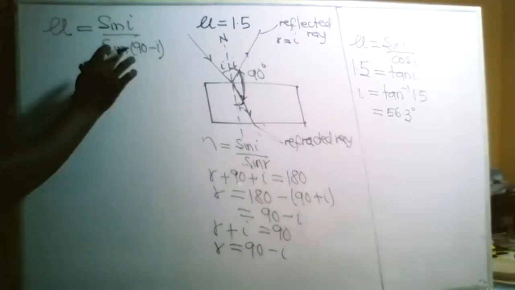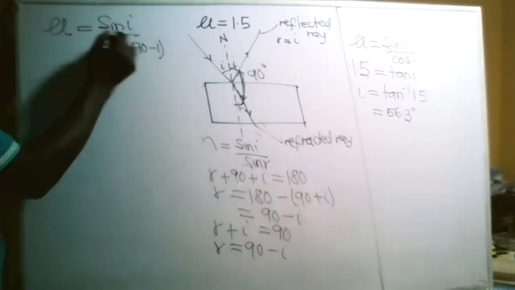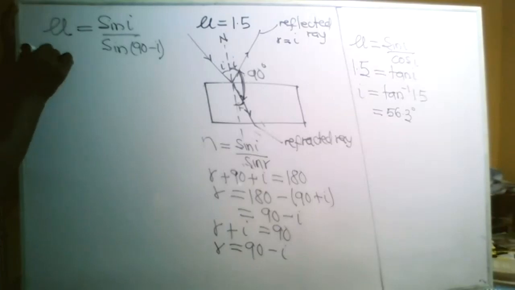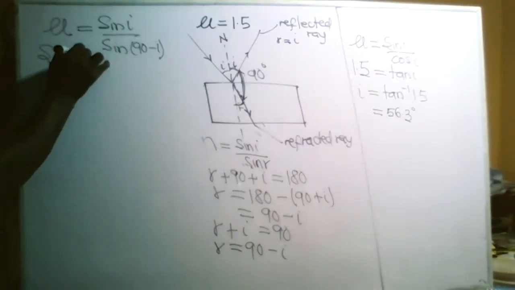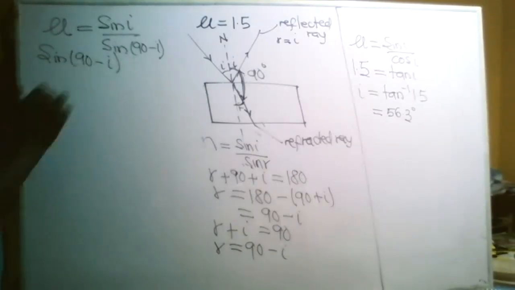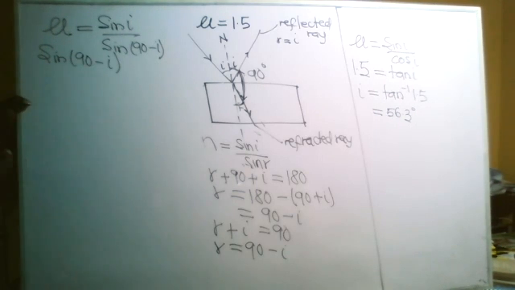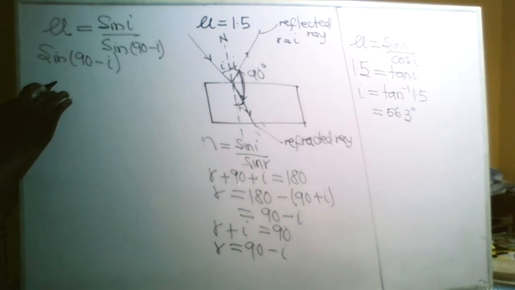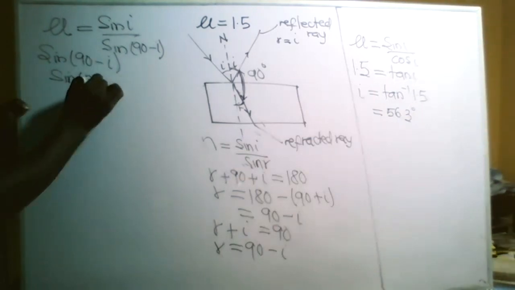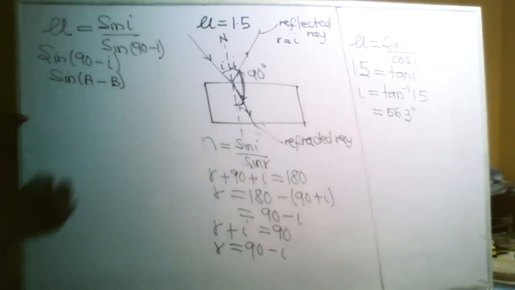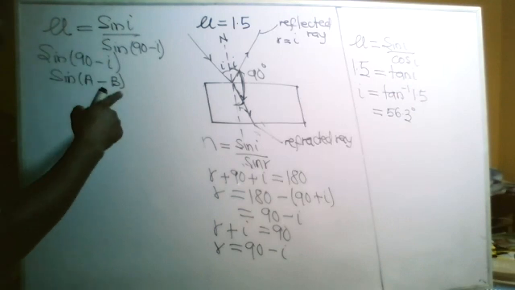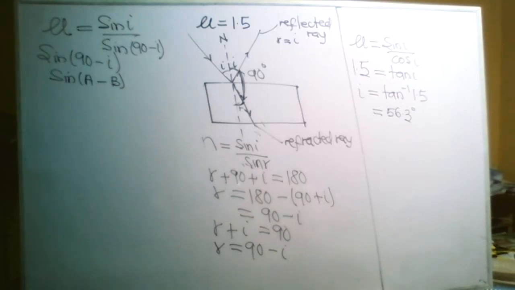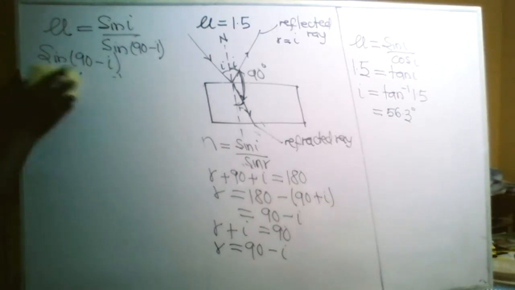So the other way out is, let's expand the denominator. We have sine of 90 minus I. Using the trig identity, whenever you have compound angles, sine of A minus B. And we use this in projectile motion, don't forget.